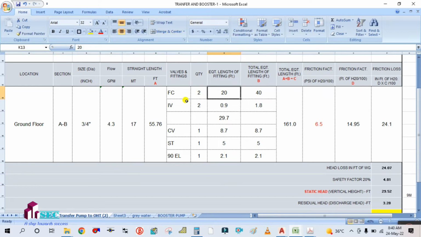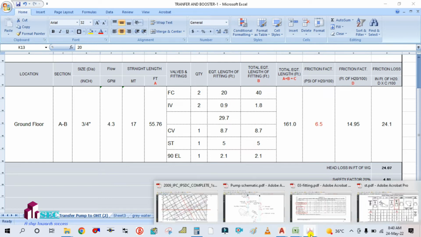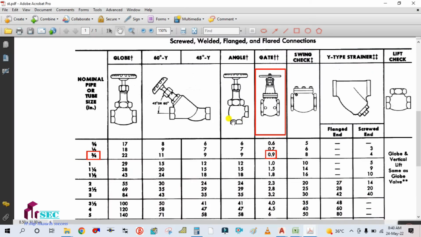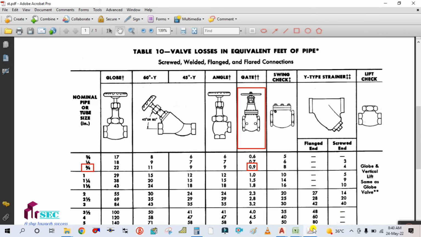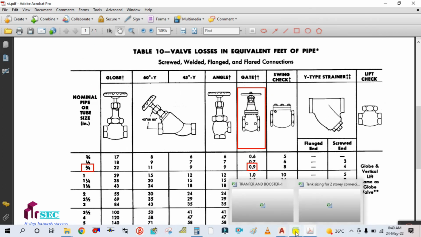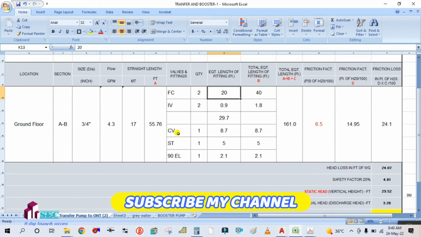For the flexible connection, we are assuming 20 feet. This is just an assumption, because it is not given here and we did not find it. As per the supplier, the length is 20 feet. Next one is the check valve, which is nothing but the non-return valve.